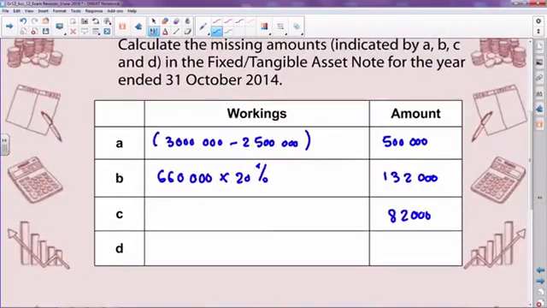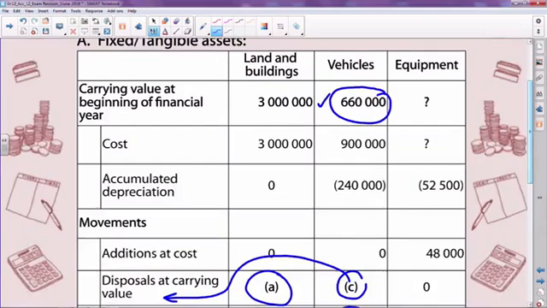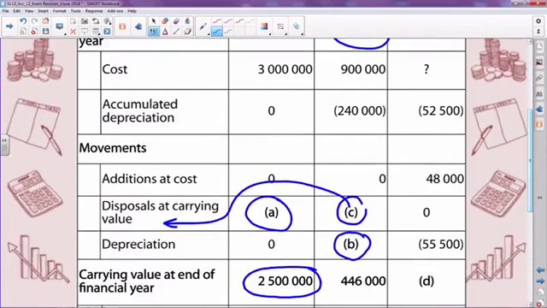Now, obviously, the 82,000 rand is your asset that you disposed of, and the carrying value of that asset was 82,000 rand, because remember, this one here is disposals at carrying value. Clearly you can see that in terms of your fixed asset note, if you start off with your carrying value of 660,000 rand, you take the 660,000 rand minus your depreciation, which you calculated, minus what your closing balance is, and that will then give you the missing figure.